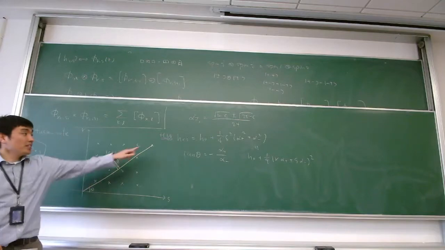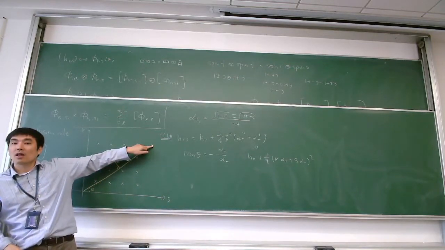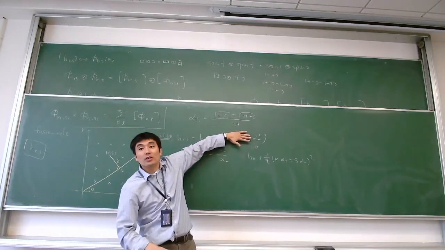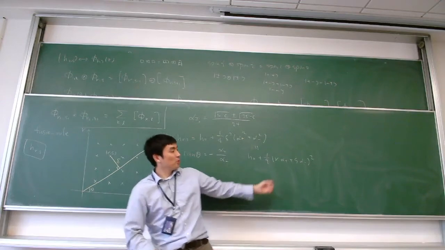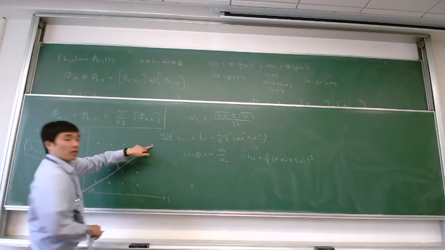If this hits here, delta becomes 0. So there is no contribution here for conformal dimension, which means the same as R equal to S equal to 0. So this point can be identified.